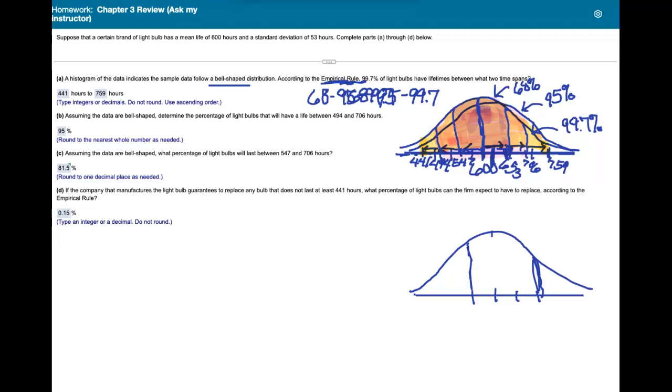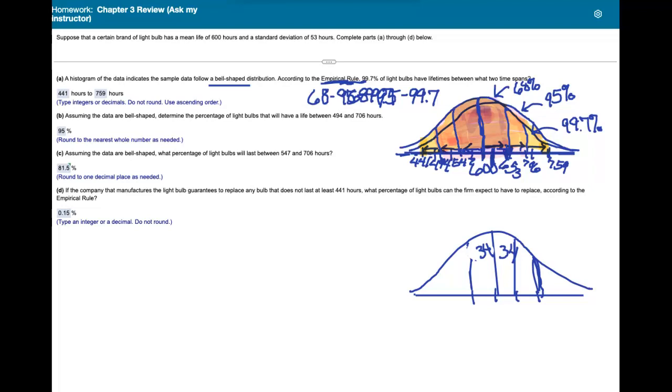Because this curve is symmetric, I'm going to put these other little divisions in here. So this ends up being half of 68. So this is 34%. And this is 34% for our area right here.